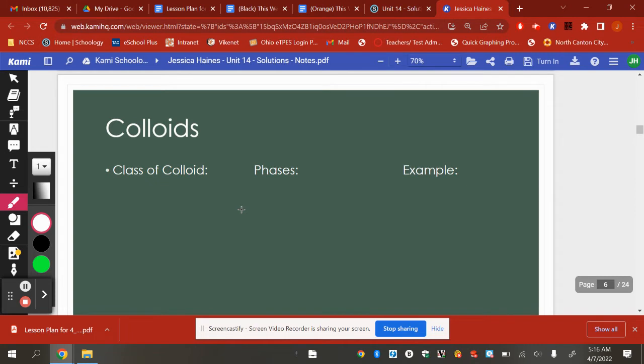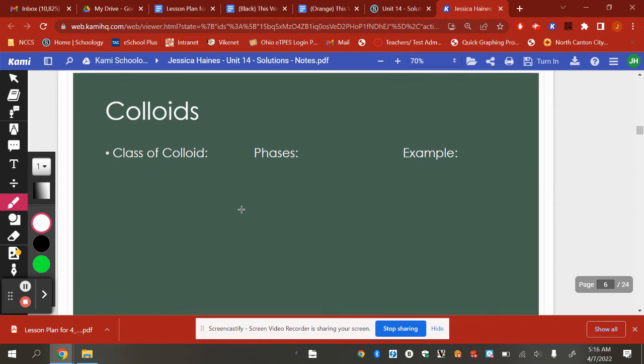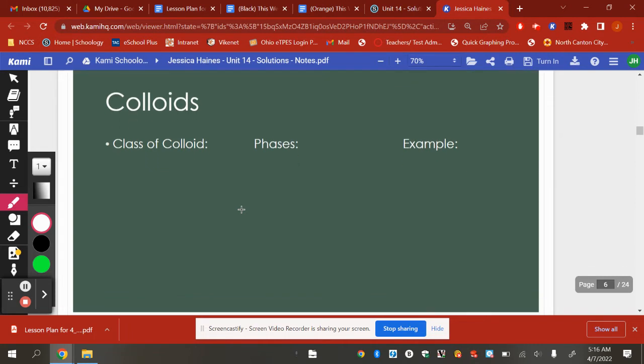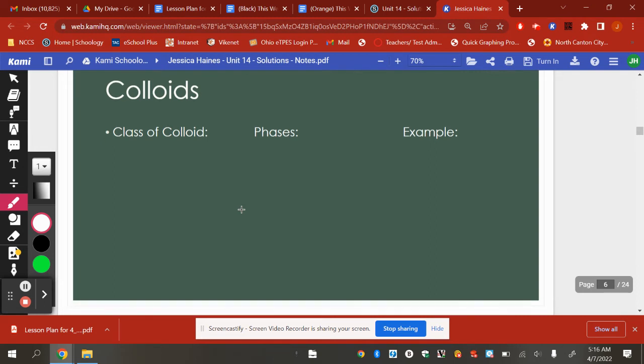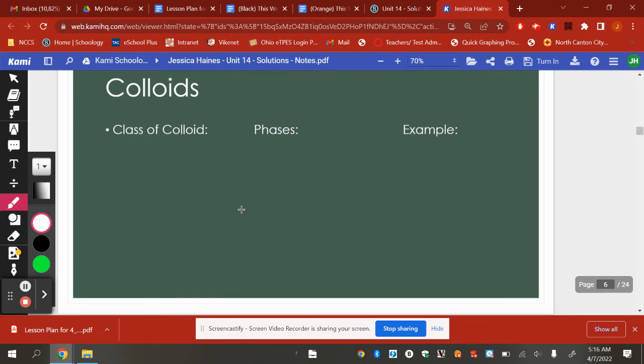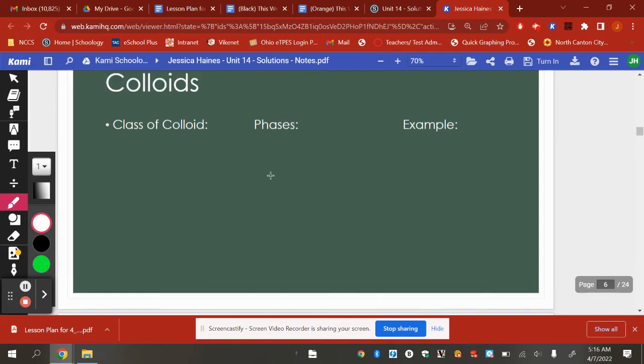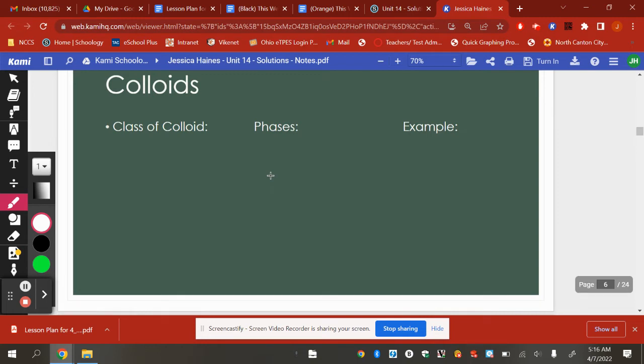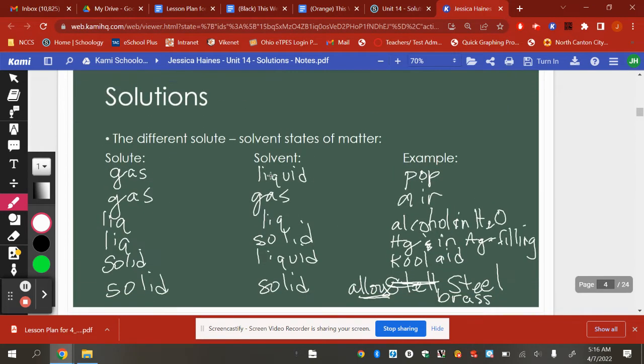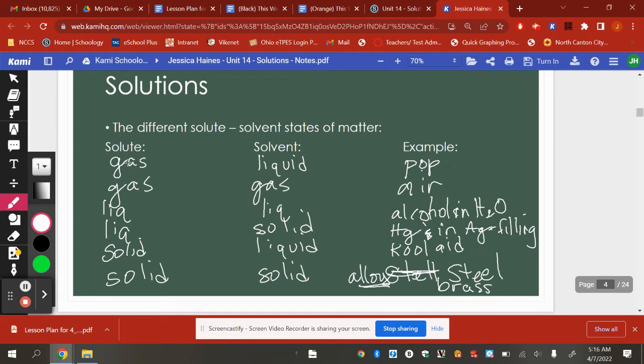Okay, so just like solutions, colloids have this weird and unique set of solid into liquid, liquid into gas, gas into gas phases that we can discuss, but they also have different names for all of those things. So if we look back here, there's not a specific name for a solution in which a gas is dissolved into a liquid.